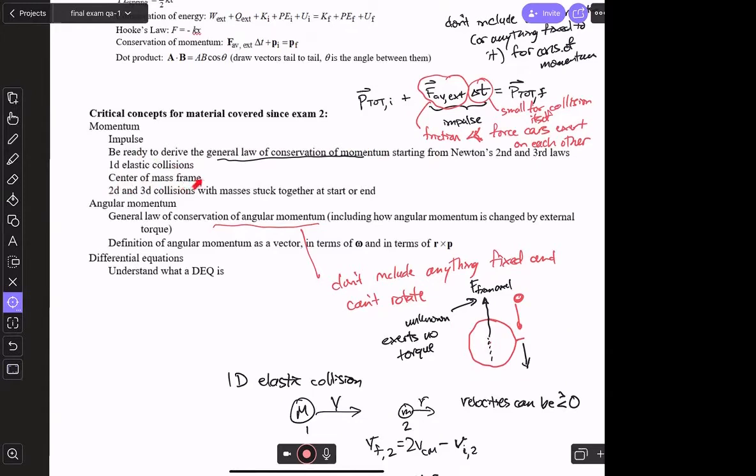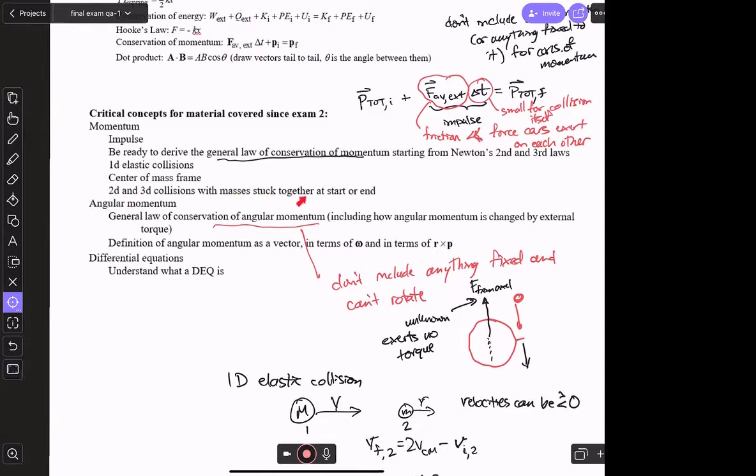Center of mass frame, that's mostly important to understand what that term means. We use that idea to derive this equation, but I would probably not ask you explicitly to solve this problem in the center of mass frame or something like that. I might ask you to find the velocity of the center of mass.